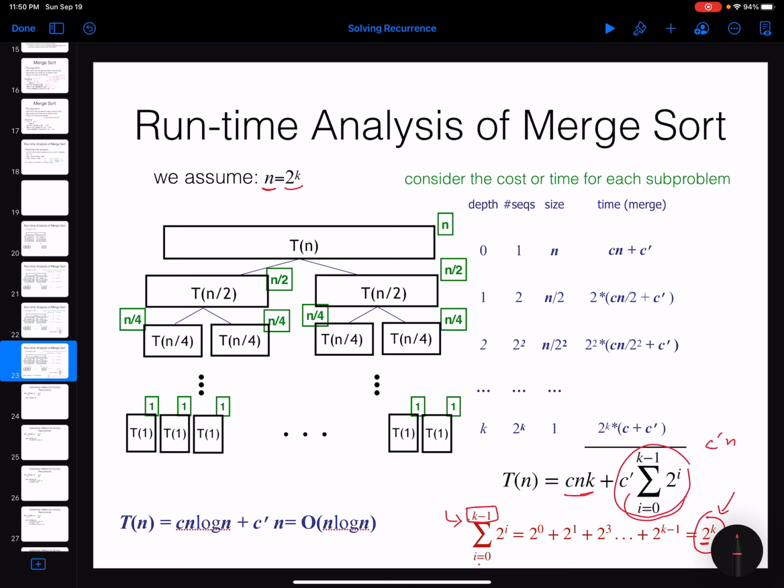I have a couple of additional slides here that talk about using induction. I haven't seen it in your textbook, but I found this approach also very interesting. Just read it as additional discussion, which discusses how we can use induction to prove that some guesses that we have for recurrence relations are correct.